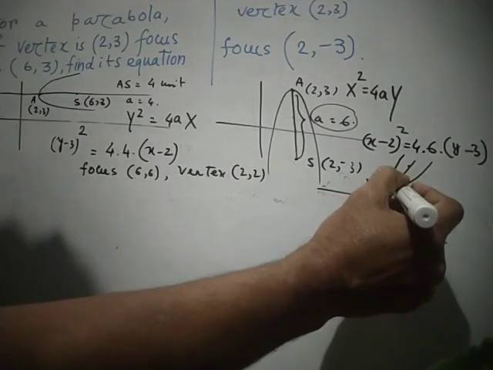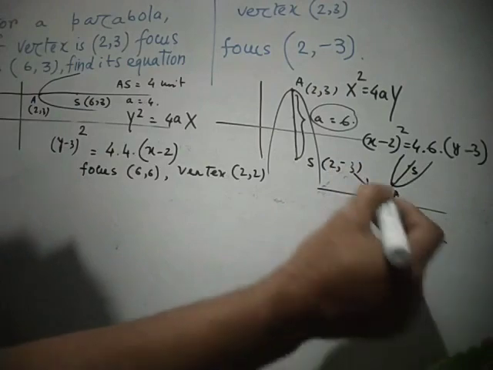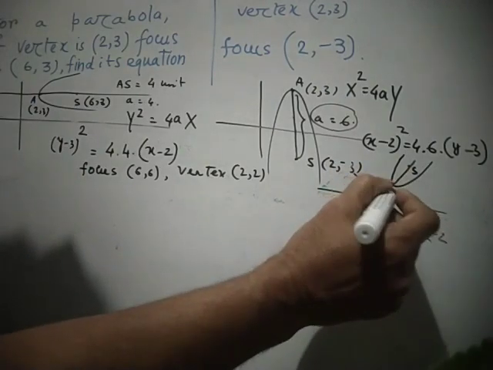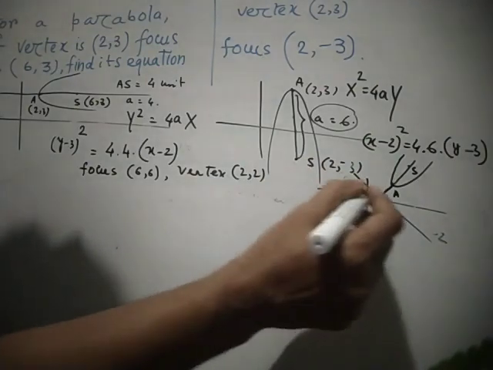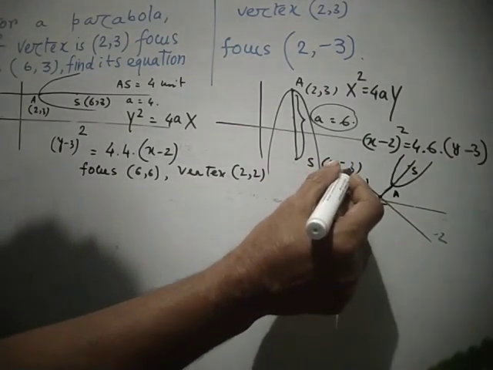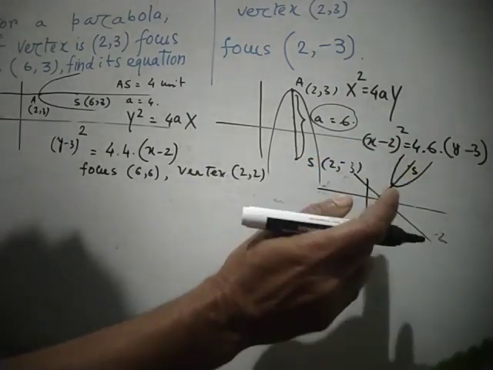do it this way. This point is A, this point is S, so the directrix is here. This point, if we take T, we have to find the coordinates of this point where the directrix meets the axis of the parabola.